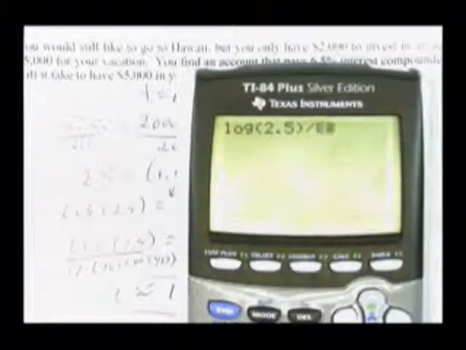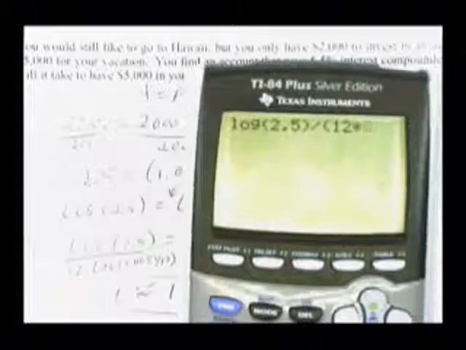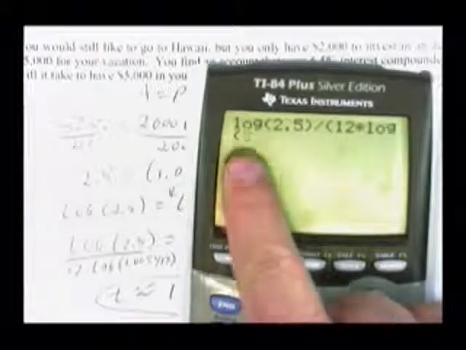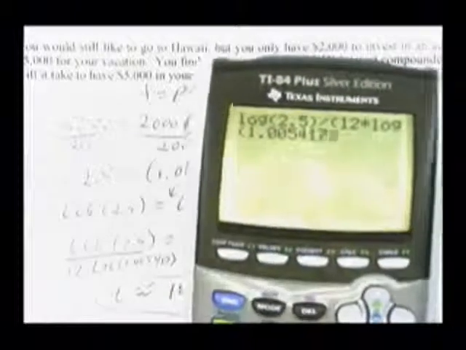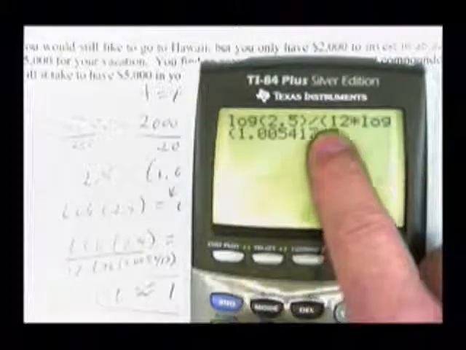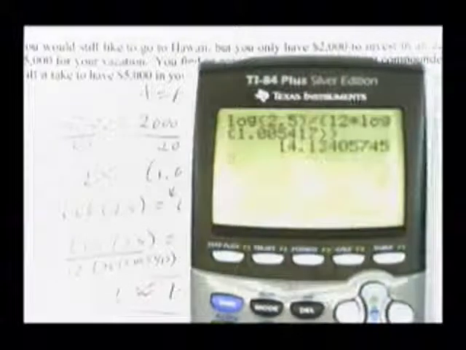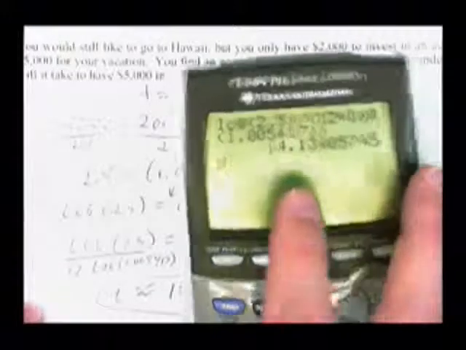So I'm going to put parentheses 12 times, because all of this is in the denominator, 12 times log, and notice it opens another set of parentheses, 1.005417. Now I'm going to close the parentheses for the logarithm, and then I have to close the parentheses for the denominator, and then I'm going to hit equal, and I'm going to round that off to about 14 years.